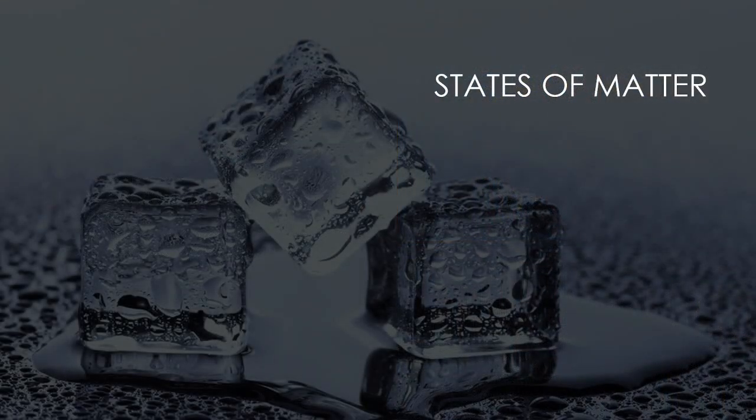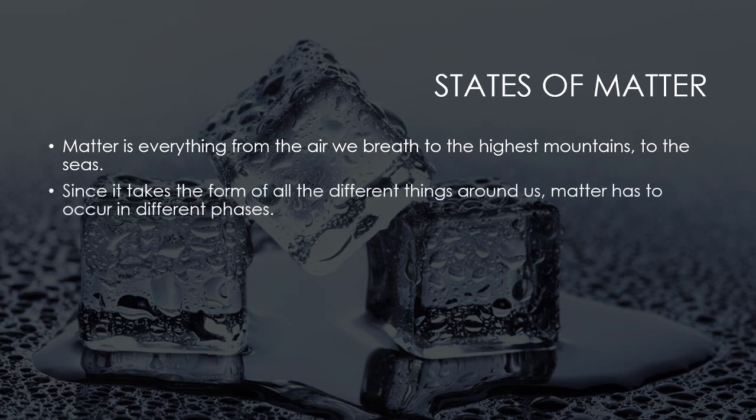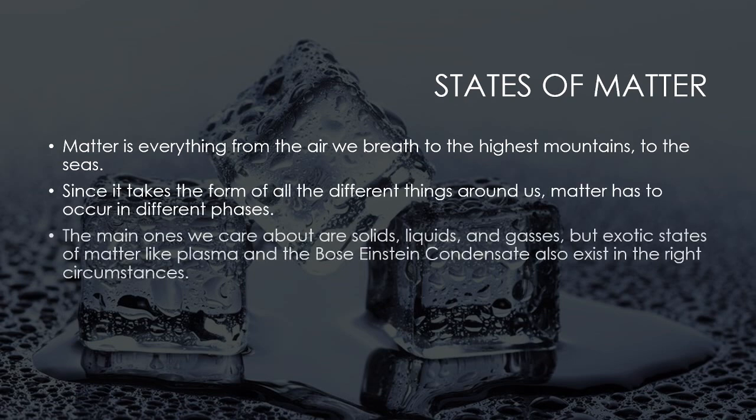So matter comes in a variety of states, and those states include things that are pretty normal that you encounter all the time, and some things that are kind of exotic that we probably won't go into too much. The main states that we care about are solids, liquids, and gases. We're going to talk a little bit about plasma because plasma is way cool.